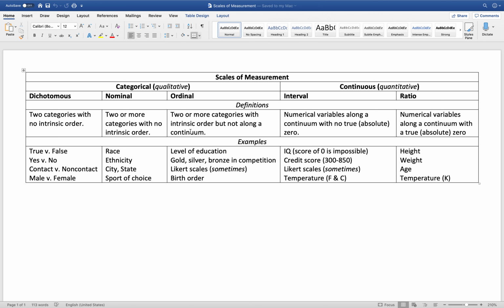It's not consistent. Here I have Likert scales also as an example, and Likert scales are thought to be ordinal measures. However, there are some circumstances where, for the purpose of statistical analysis and, more importantly, descriptive and inferential statistics specifically, you may see Likert scales be assumed to be in the continuous arena.